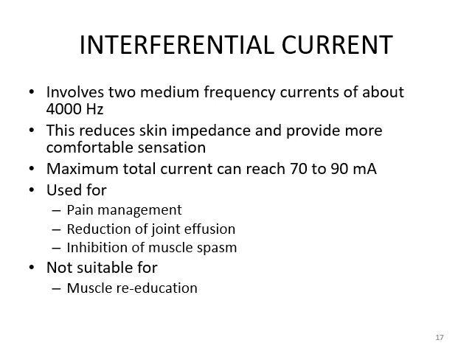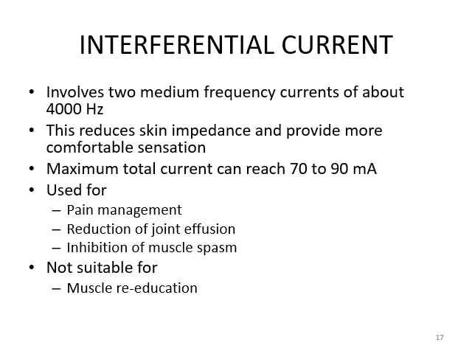Maximum total current can reach about 70 to 90 milliamperes, and the additive effect of interference inside the tissues is much stronger as compared to the direct low frequency stimulation given to the skin, because those are more uncomfortable.